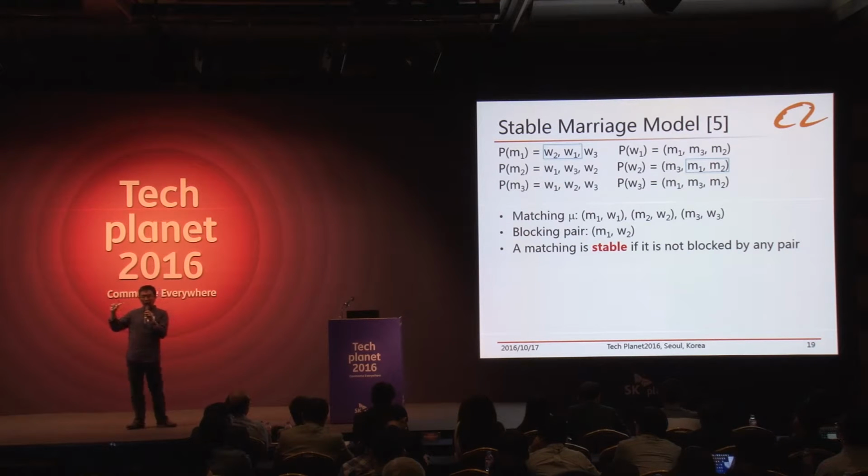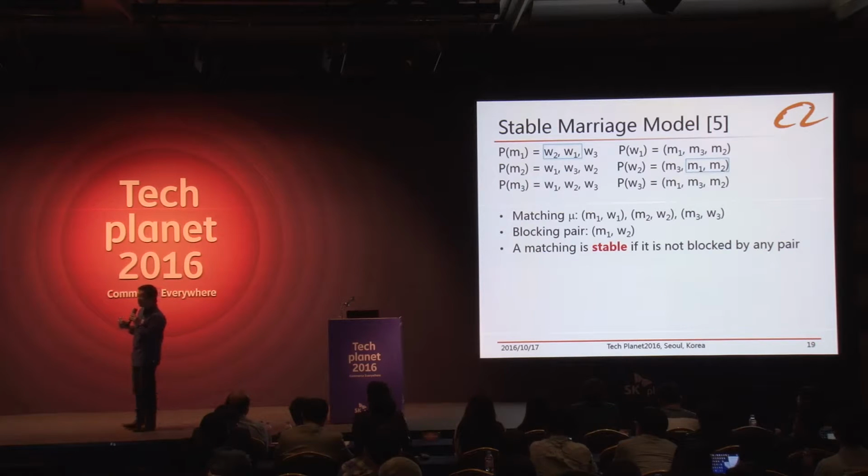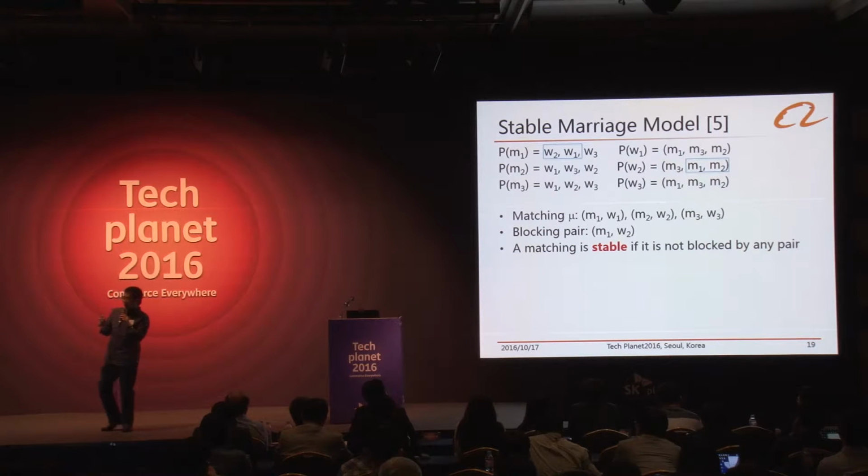If you look at the preference of M1, you realize that M1 prefers W2 to W1. And remember that W1 is the married partner of M1. So in this case, if M1 meets W2, he has a tendency to divorce his current partner and try to marry W2.